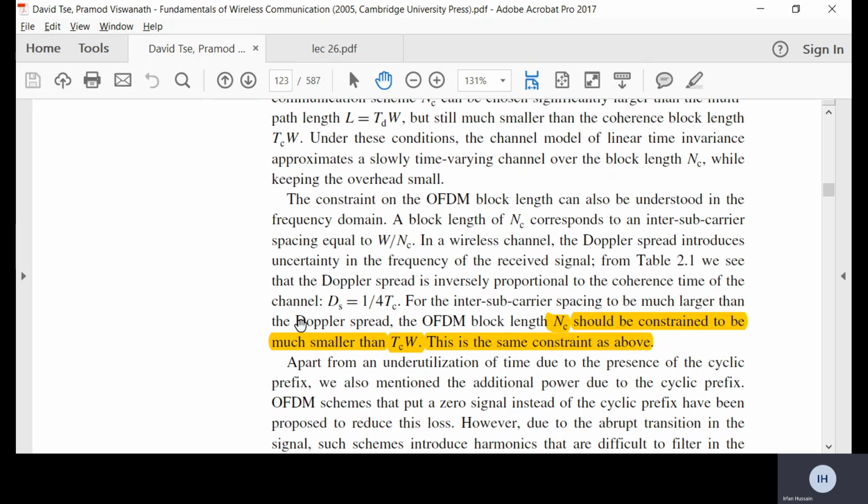Now we also know that the Doppler spread is 1 over 4 TC. We would like this Doppler spread to be less than this spacing, so that it doesn't interfere with the other subcarriers.